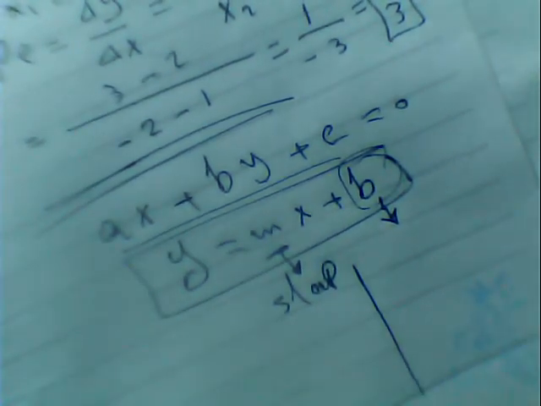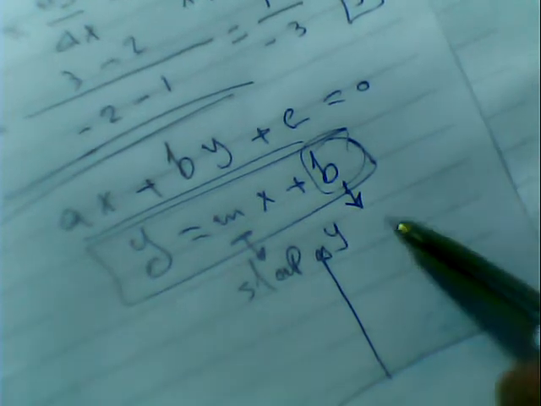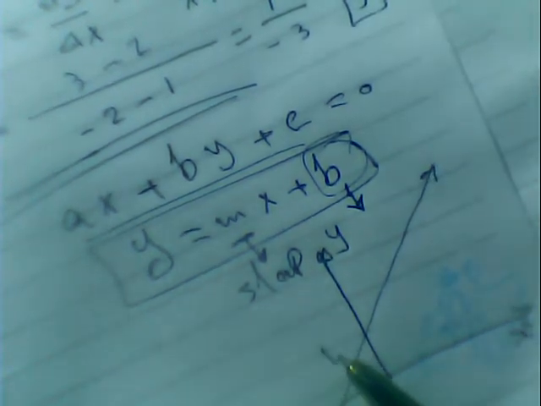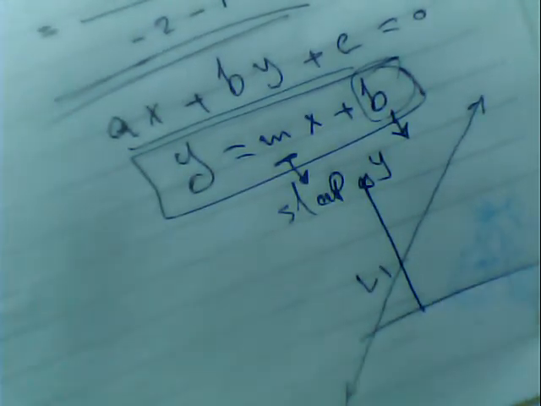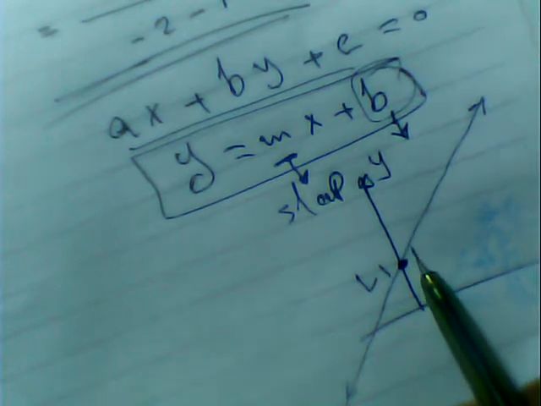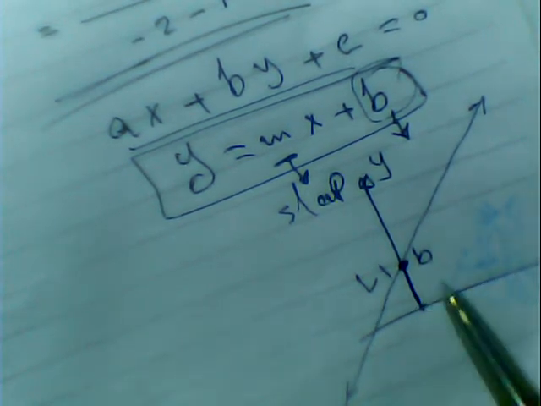If we have the y-axis, x-axis, and a line L1, then this point B, this length equals b.